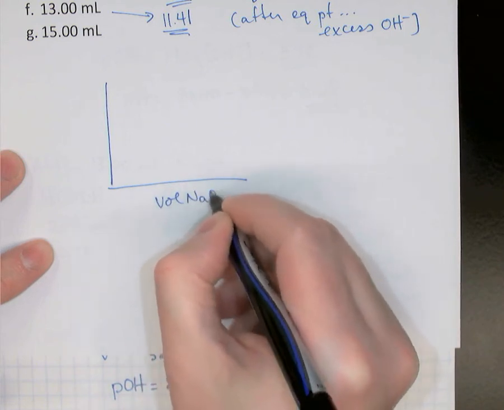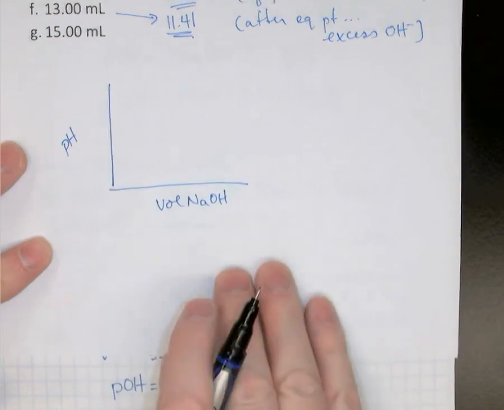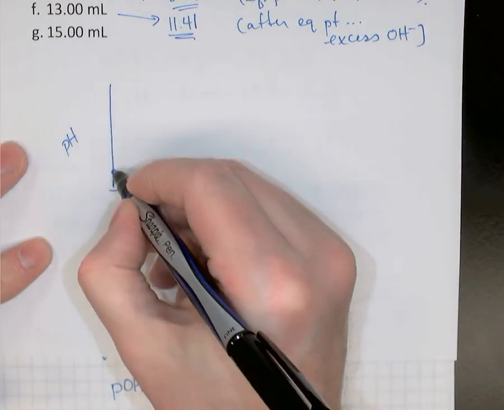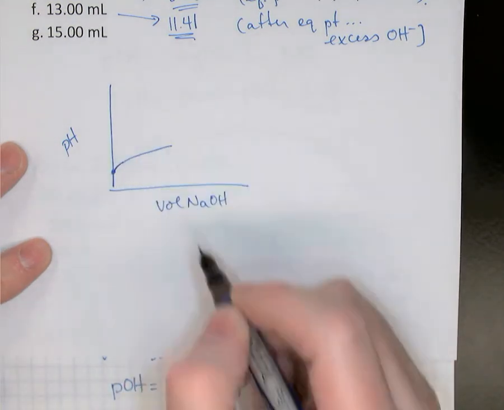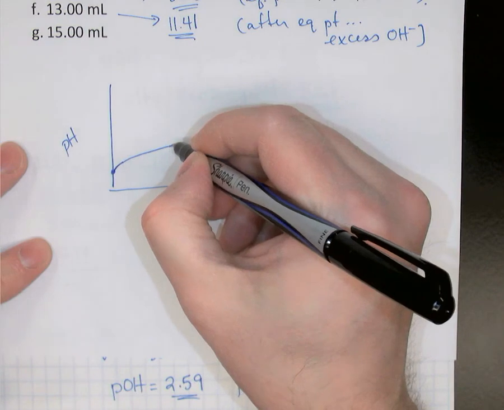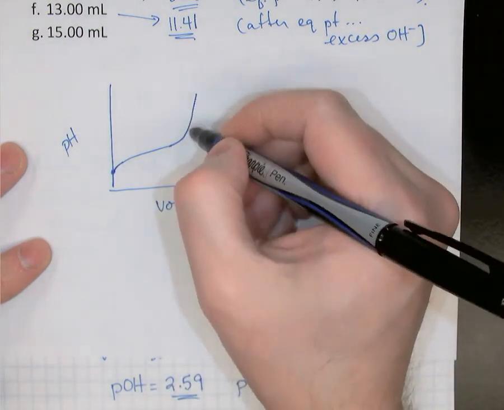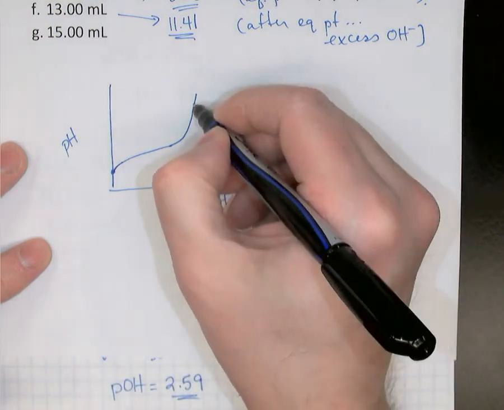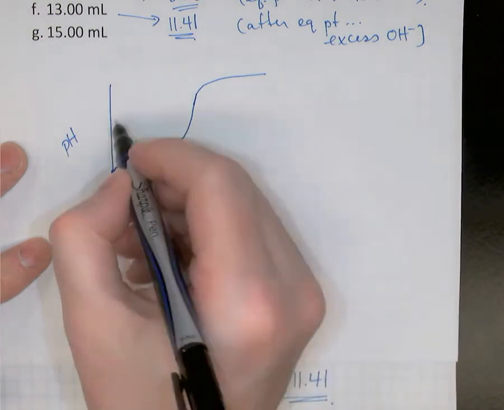If you were to graph our results, you'd see something like this. So volume of sodium hydroxide versus pH. The pH would start off low because there was acid in the flask. You'd see an initial little jump in pH and then a gentle rise like that. When you reach the equivalence point, there'd be a jump like this, not quite as steep and sharp as a strong base titration with a strong acid, and then a plateau again like that.